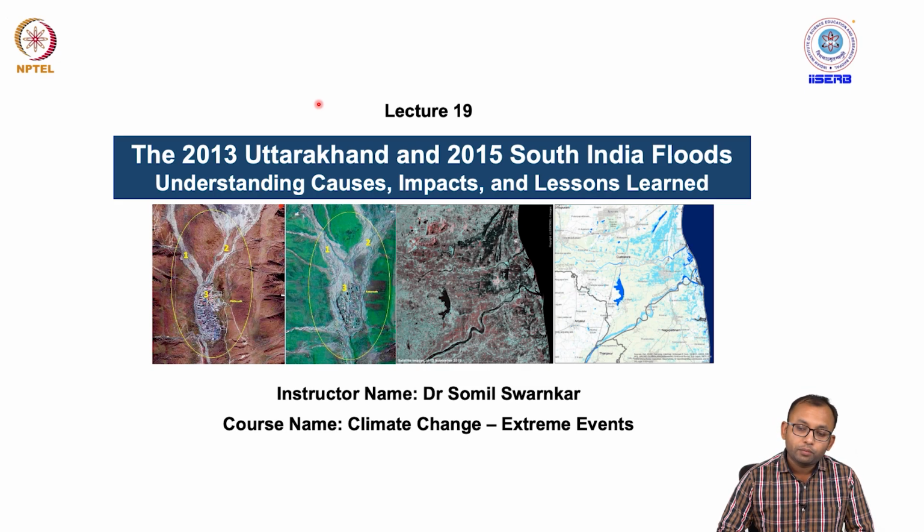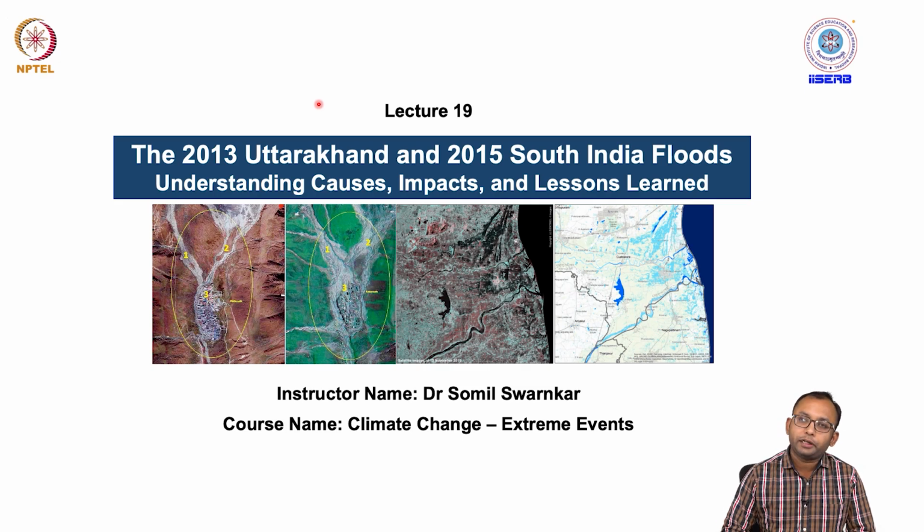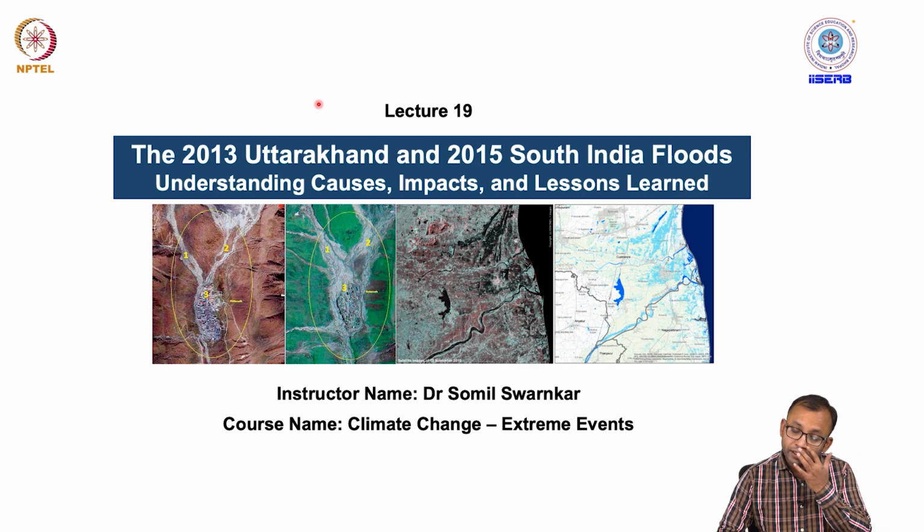Further, we will talk about how we can use predictive modeling tools to forecast these extreme events beforehand. Why is it important? First of all, understanding historical events is important because it gives us a clue that this can happen.